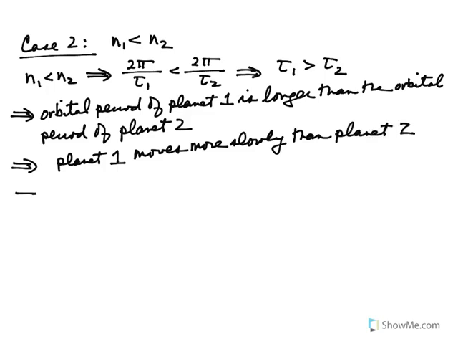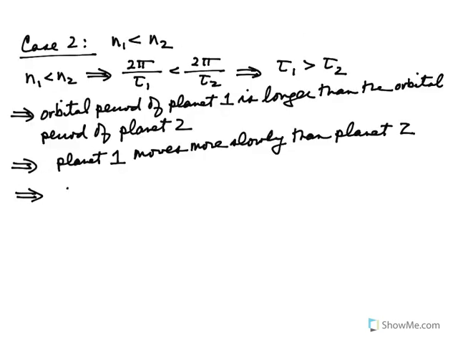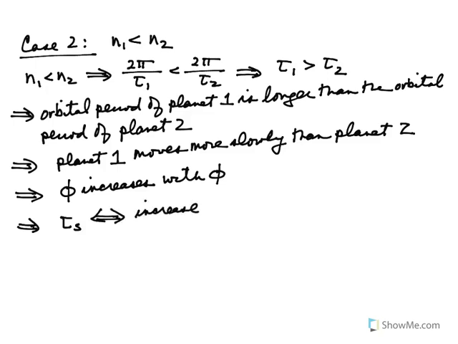So that means, we're going through this exact same setup as we did before. That means that phi increases with time, because again, phi is nu2 minus nu1. So that implies that tau s is equivalent to an increase in phi by 2 pi.